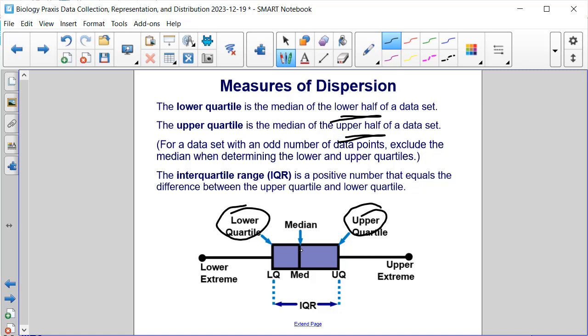So if this is your median, but it's an odd number of data points in the set, just ignore this one and take the points from here up and determine the median, that's your upper quartile, or from here down, determine your median, that's your lower quartile. The interquartile range, IQR, is a positive number that equals the difference between the upper quartile and the lower quartile.